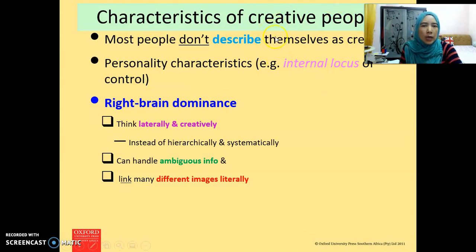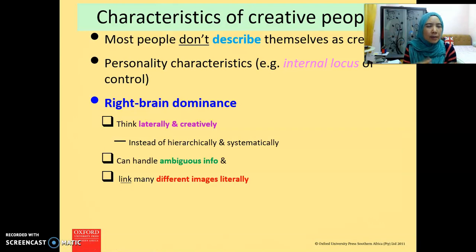And creative people also have right brain dominance, so they think laterally and creatively, instead of hierarchically and systematically. Those who are convergent thinkers just think hierarchically and systematically, but creative people think laterally and creatively, so they can handle ambiguous information and link different kinds of images literally.